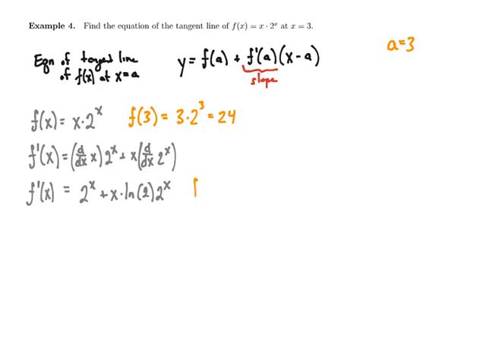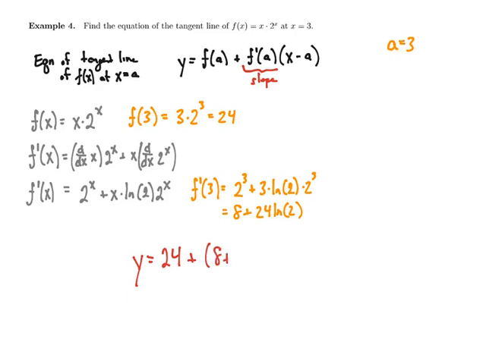And if I want to find that evaluated at 3, that's the slope of the tangent line, I'm going to have 2 cubed plus 3 times natural log of 2 times 2 cubed, which we'll write as 8 plus 24 natural log of 2. So the equation of the tangent line will be y equals f of a, which is 24, plus this gross number, 8 plus 24 natural log of 2, but it is just a number, times x minus 3.